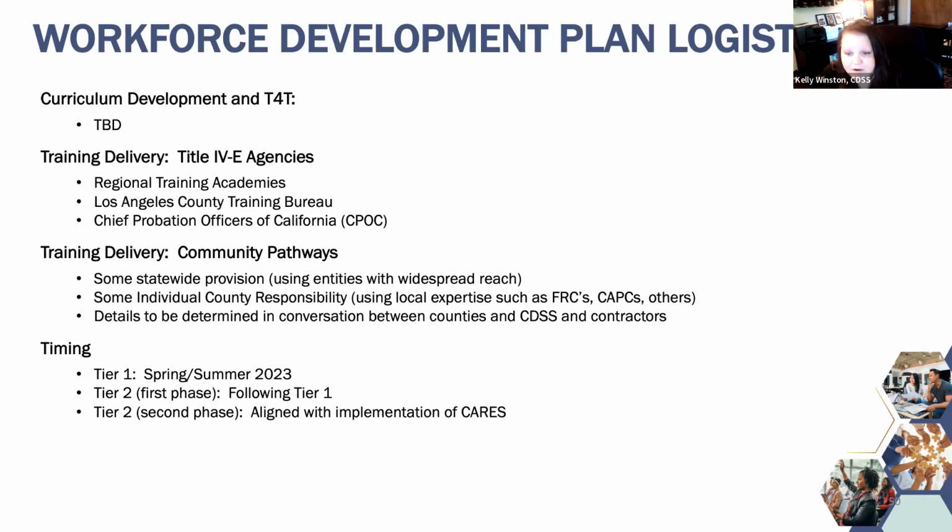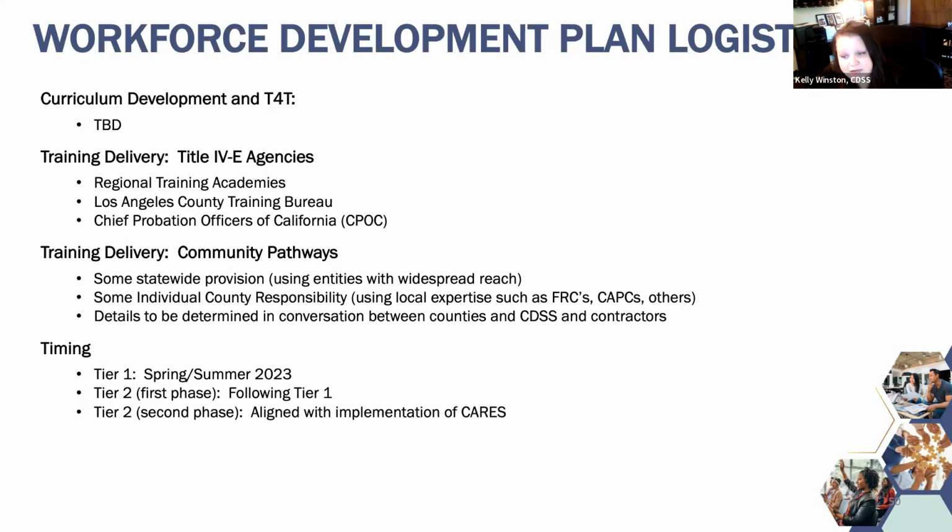We want to make sure that we are able to meet some of those specific local needs, knowing that training, the organization of training and support beyond training looks different depending on where you are in the state and how your county system is organized.